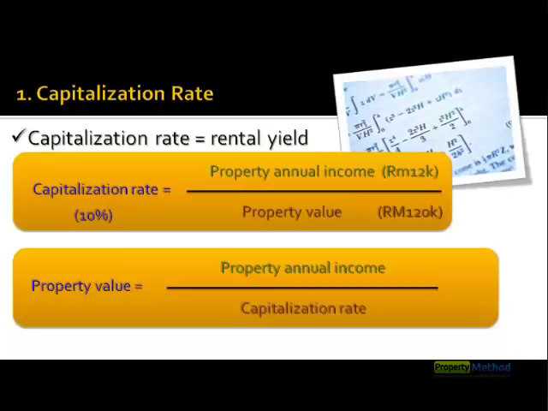So we just swap the places of the capitalization rate and the property value in the previous equation. Now the property value is the property annual income divided by the capitalization rate. So let us use an example to demonstrate how we use this equation to estimate the value of a property.